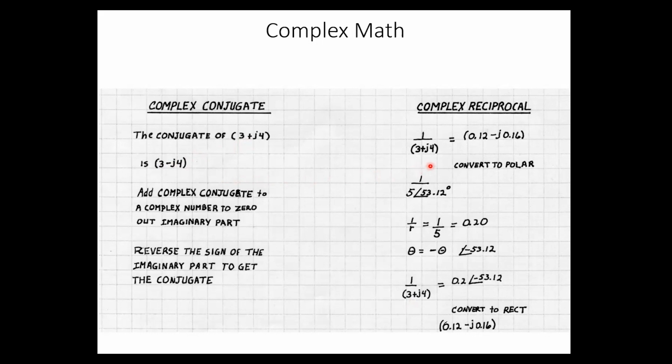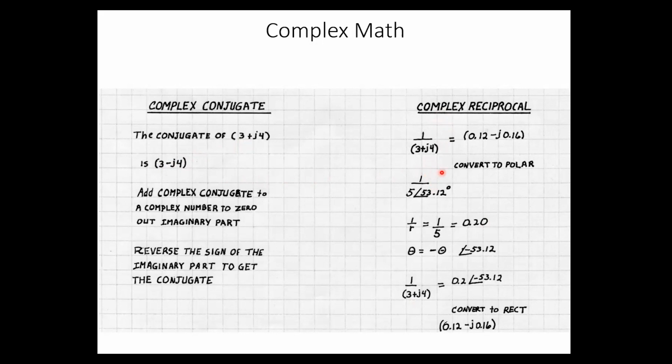And I also said that we were going to need to be able to take a complex reciprocal. So if I'm going to take some impedances in parallel and add them together easily, I need to turn them, first of all, into an admittance. To do that, I take my impedance and I take the reciprocal of it.